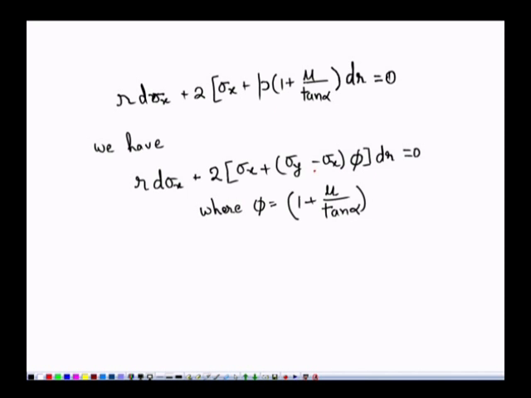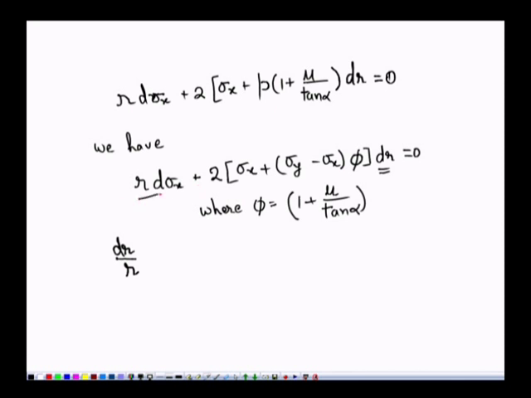And if we rearrange it in such a way that it becomes dr by r, here we have dr and a plus sign, so we keep one element on the right hand side as well as the left hand side.